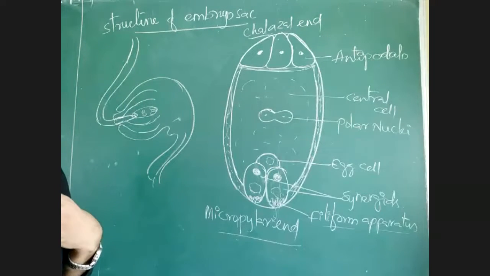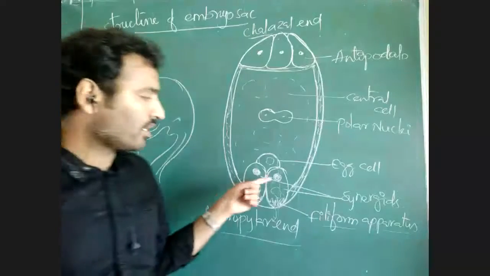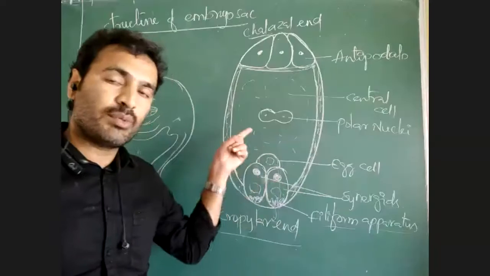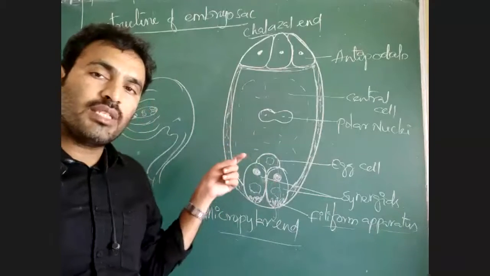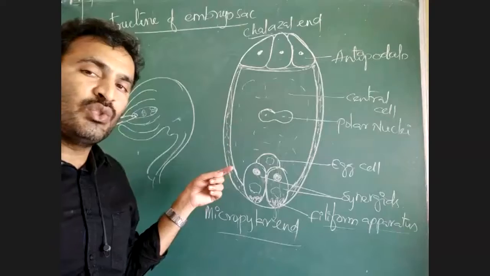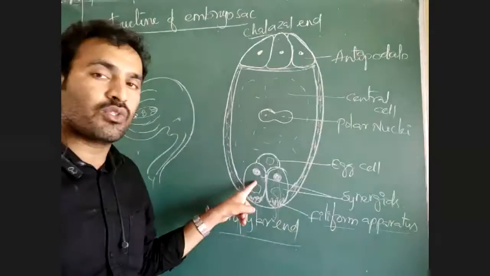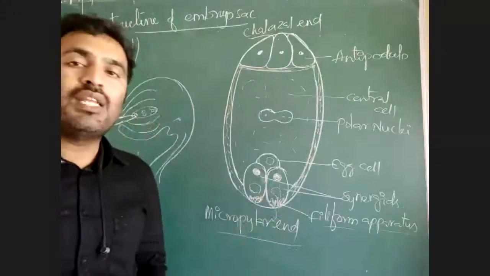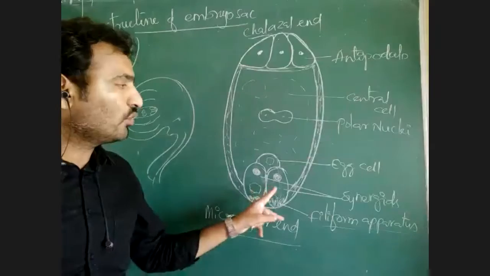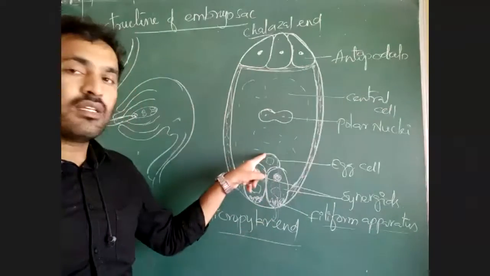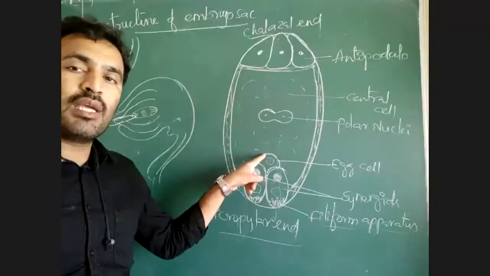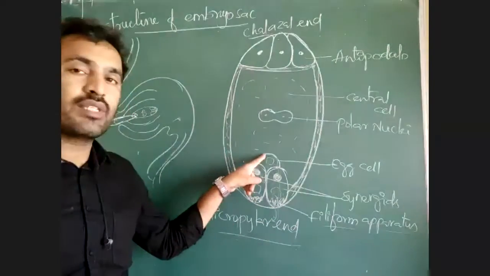So two functions are there. Synergids are responsible for the entry of the pollen tube into the embryo sac. At the same time, they are responsible for providing nutrition by means of transport through the filiform apparatus. These are the two functions. The egg cell undergoes syngamy upon fusion with one male gamete and gives the zygote.